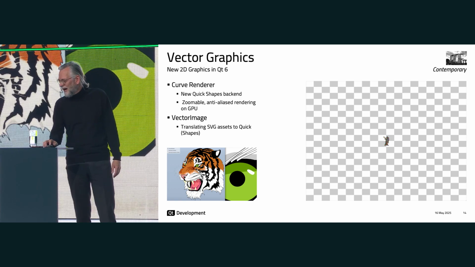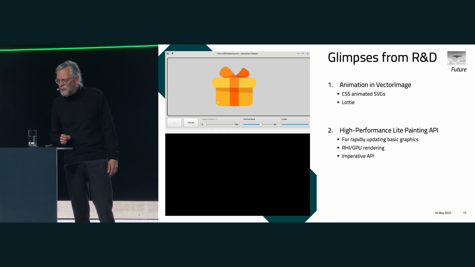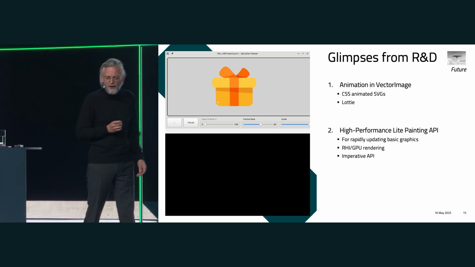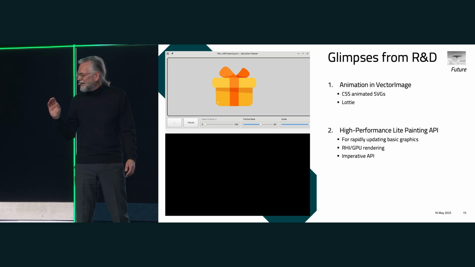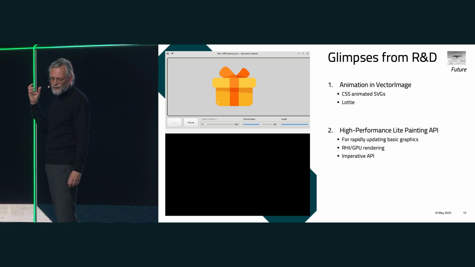Anyway, I promised you a little teaser of things to come. And the first of that is what we're working on now, is adding support for animation to vector image.